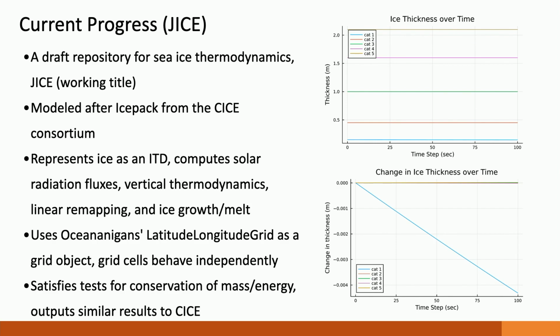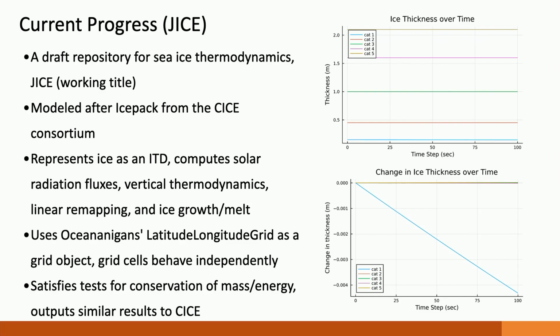I know this isn't really the most exciting plot to look at, but at the top you see the ice thicknesses changing over time, and you see that they are very gradual changes, which is what we would generally expect for thermodynamic ice growth and melt. You don't expect a significant amount of ice growth or melt within a few minutes. And then for the change in ice thickness over time, you do see that category 1 is shrinking a lot more than the other categories.